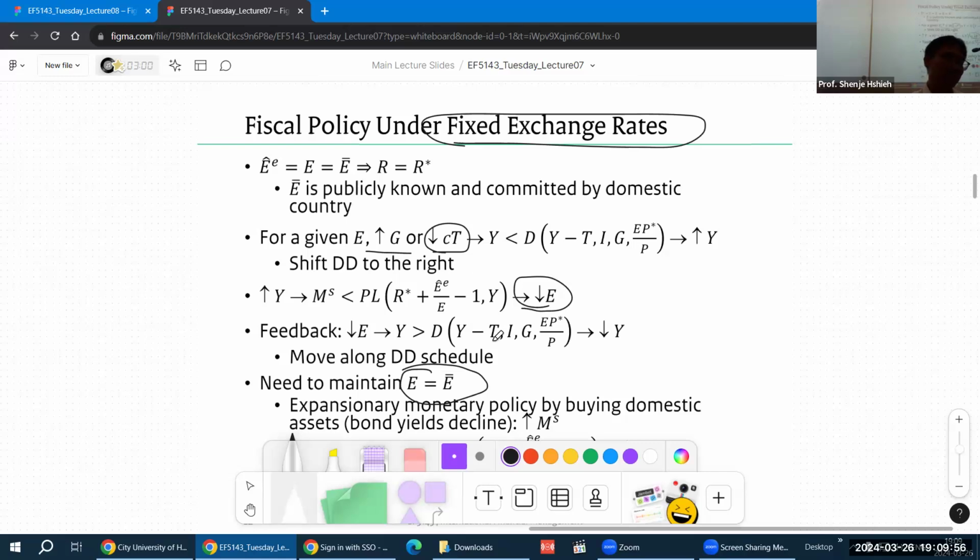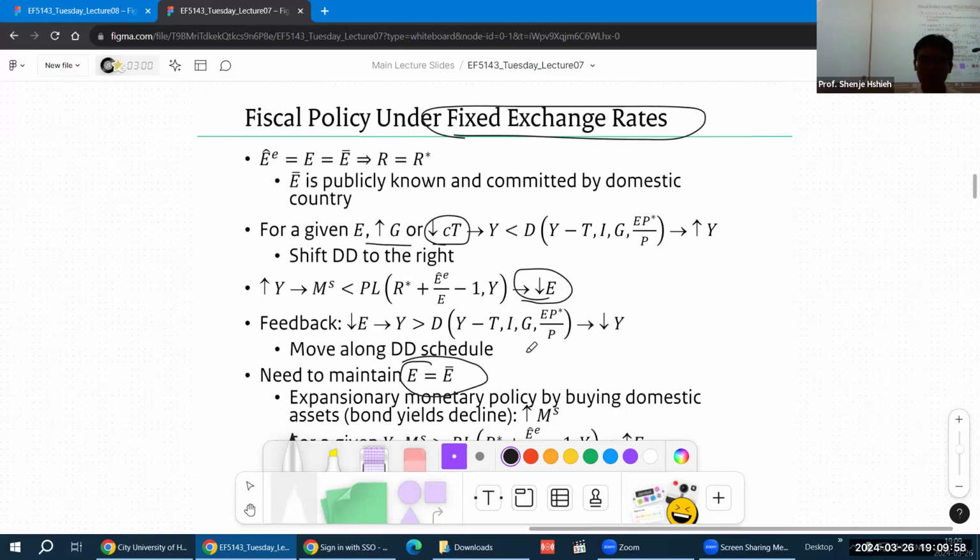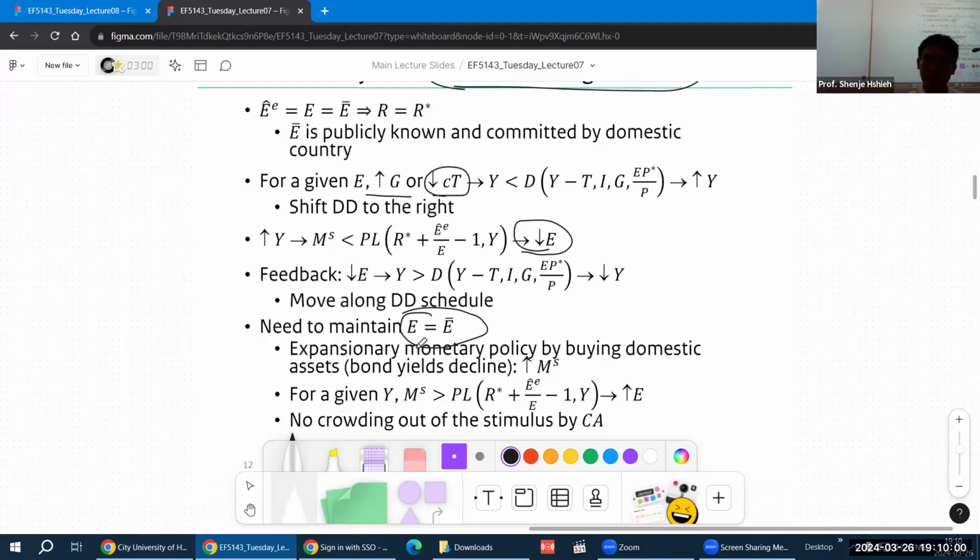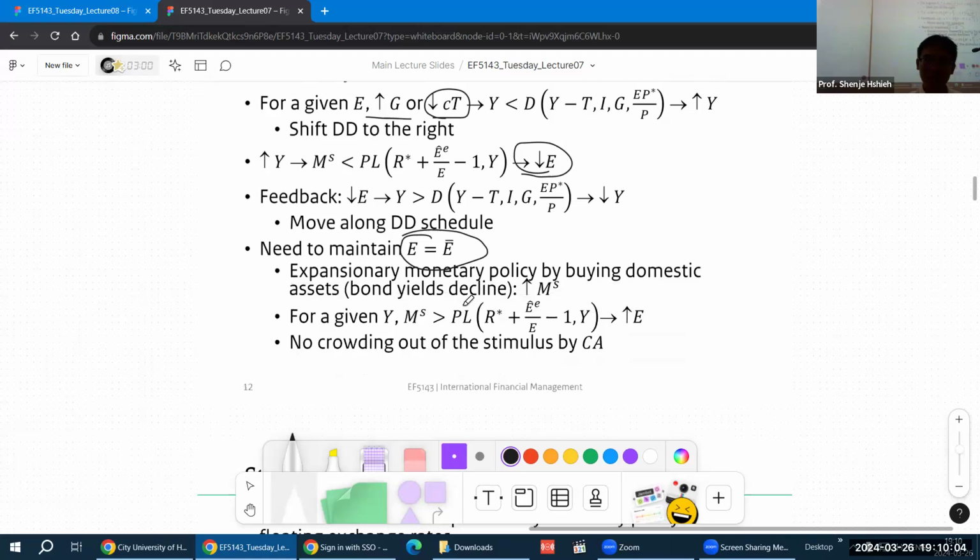That's going to crowd out your output effect. To maintain the E, because this is not possible under a fixed exchange rate regime, you have to conduct monetary expansion. With an increase in MS, you get an increase in E, which will allow you to maintain the E, and so no crowding out of stimulus by the current account.